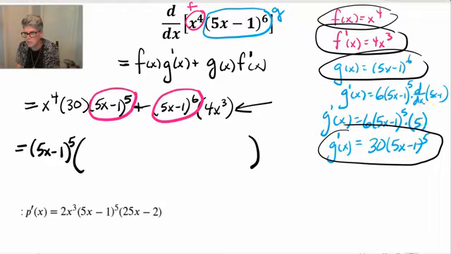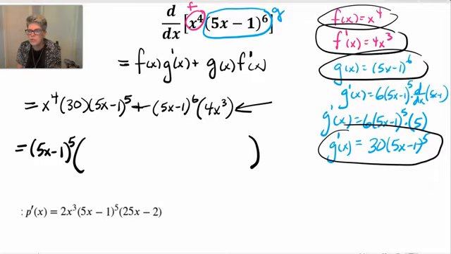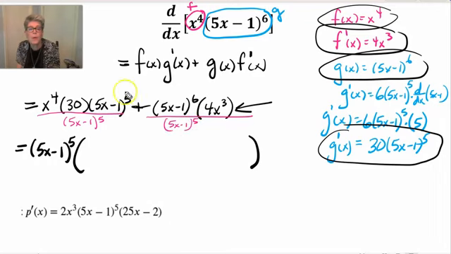Well, if you factor that out, what you need to ask yourself is, what is left when I divide each term by (5x minus 1) to the 5th? With that first term, that cancels out exactly, and I'm left with 30 times x to the fourth.